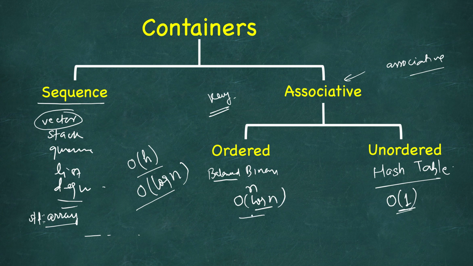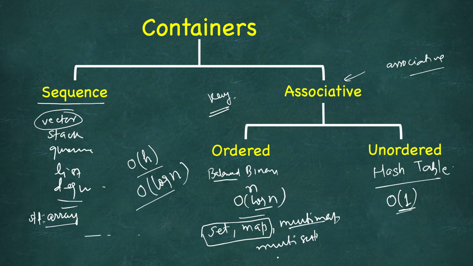So in the ordered case, we have set, map, multi-map, and multi-set. Sets and maps do not allow duplicate keys, but multi-map and multi-sets allow duplicate keys. So you can classify it in this way also, singular version or multi-version. But I would rather recommend ordered and unordered, since the underlying implementation is totally different for these two.